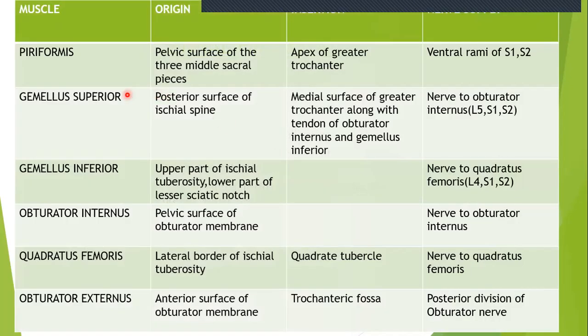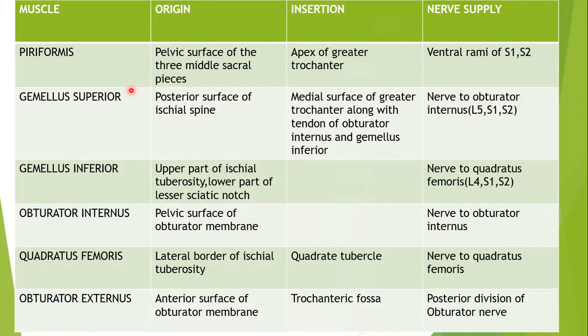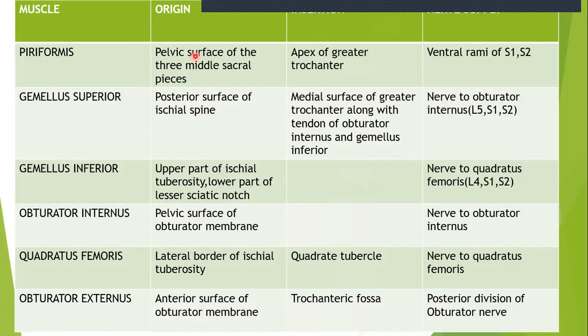Now, let's look at the origin, insertion, nerve supply. Their action, all of them have one action. Lateral hip rotators, and they are also dynamic hip joint stabilizers. So piriformis, where does it originate? It originates on the pelvic surface of the very middle sacral pieces.